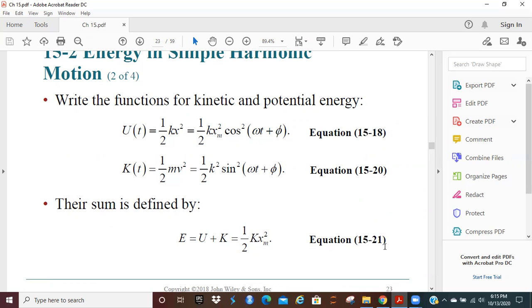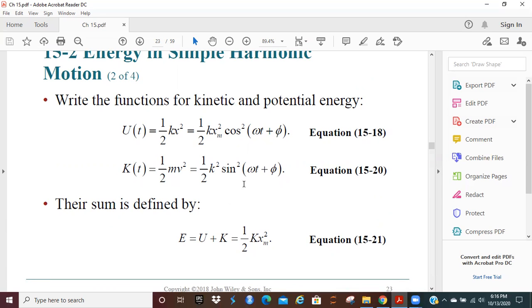Kinetic energy is going to be 1/2 mv squared. And again, if you just replace the values there that we derived earlier, then we arrive at their sum, which is going to be defined as the potential plus the kinetic, or 1/2 big K x of m squared.